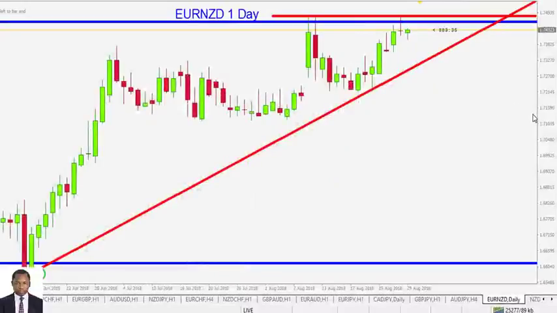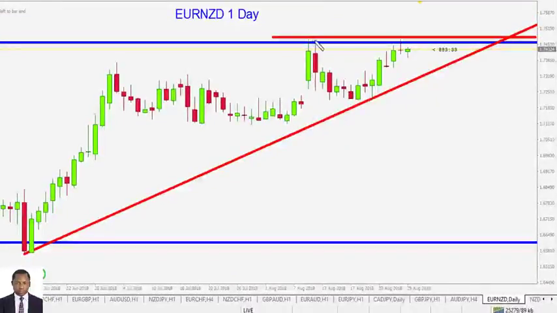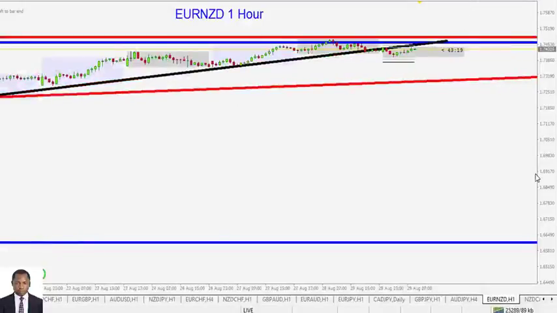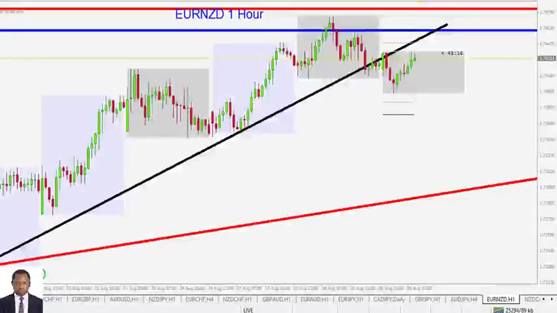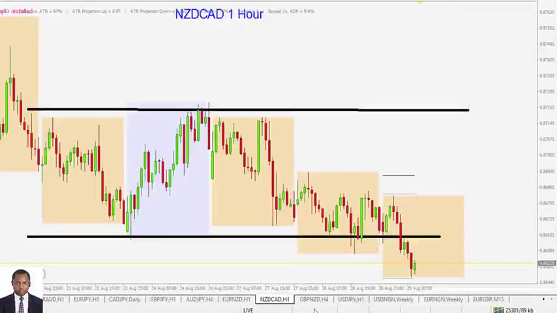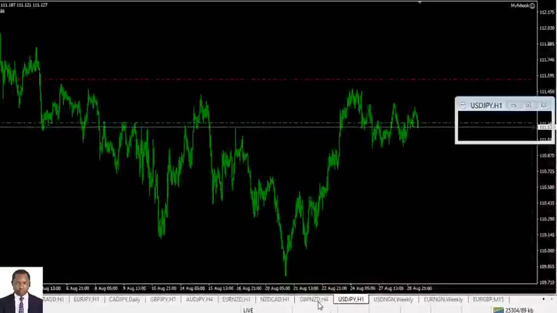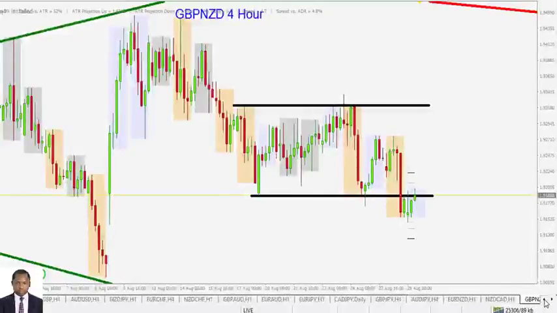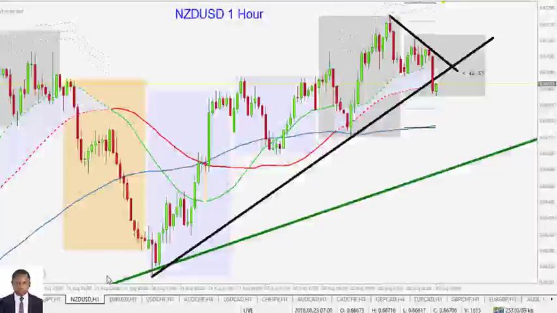Euro against the New Zealand dollar. I hope you didn't trade that, because there was just too much confusion. You can see those candles surrounding. That's why I stayed away from it. Okay. No, nothing. That's pretty much all. Nothing else to trade in the charts.